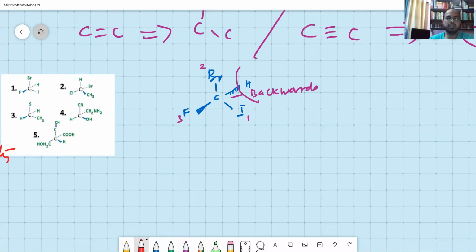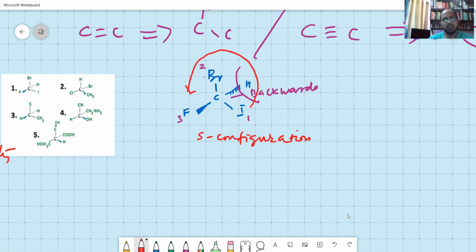So the rotation may be in the anti-clockwise direction, and therefore it will be S configuration. However, in most of the cases we find it very difficult to analyze it. However, the S is already the same.